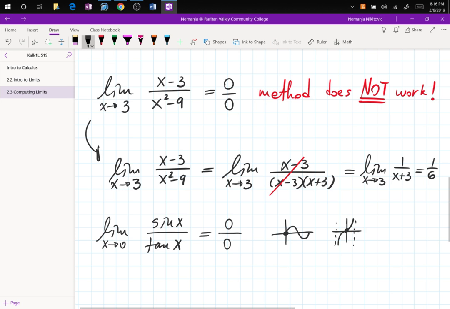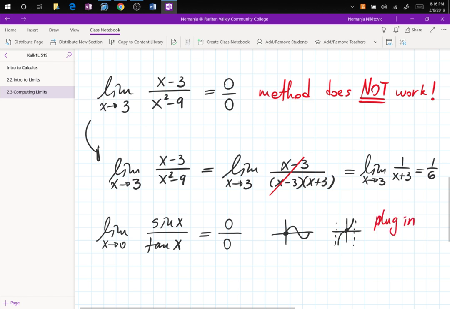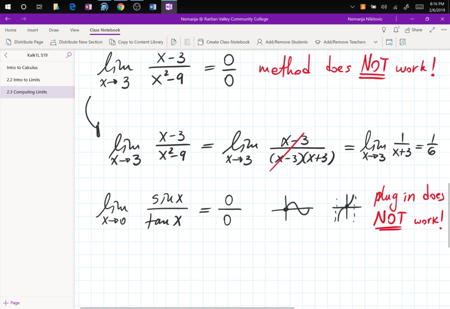So method doesn't work, right? Plug-in does not work because we got divided by 0. But as I said, you don't get to write does not exist. You have to see what you can do with this.